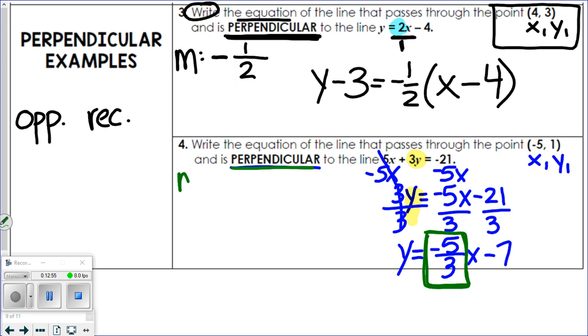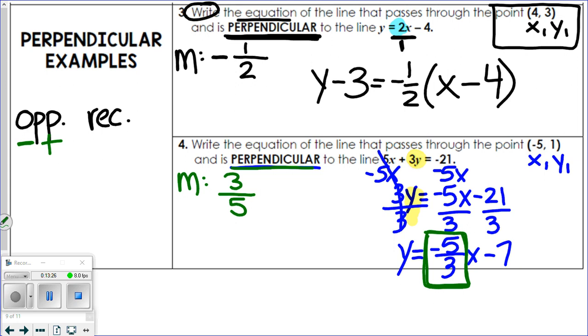So my new slope perpendicular has to be opposite. So if the line given was negative, my new slope is positive. Reciprocals means 3 is going to move upstairs, 5 moves downstairs. That is what my slope would be, perpendicular to the given line. So this is our new slope that we need to use.